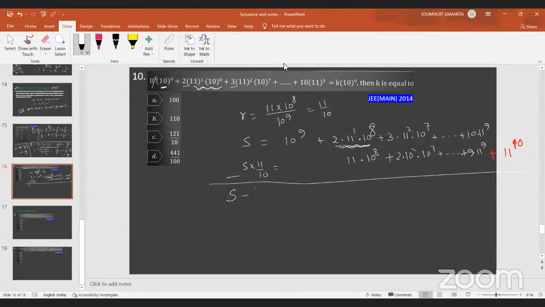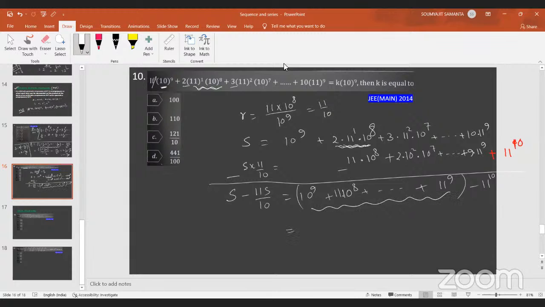So S minus 11S by 10 equals 10 to the power 9, and then, if you are subtracting, this is nothing but 10 to the power 8, and it continues till the end, so you are getting 10 to the power 8 into 11 into 10 to the power 8, and then last you are getting 11 power 9 minus 11 power 10. Yes or no? Yes, sir.